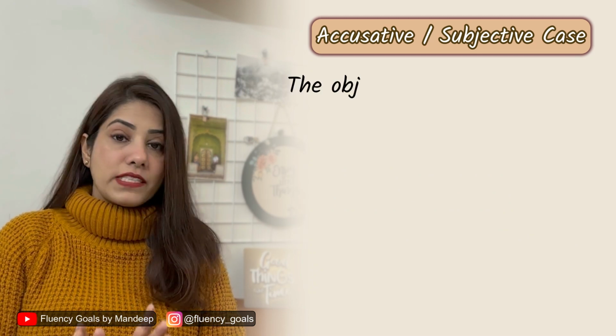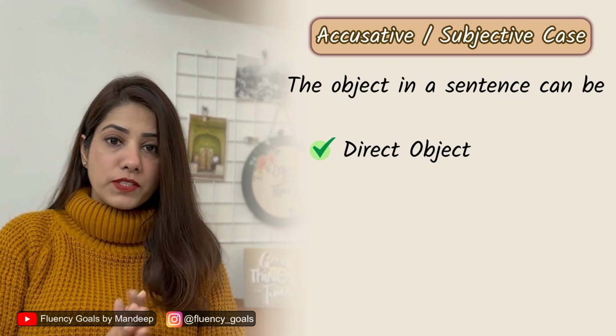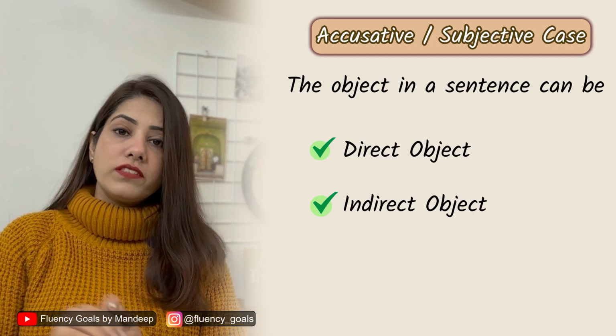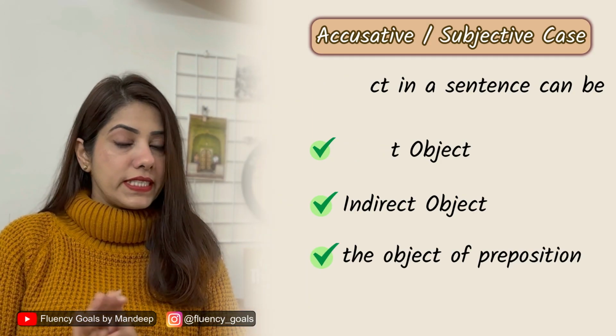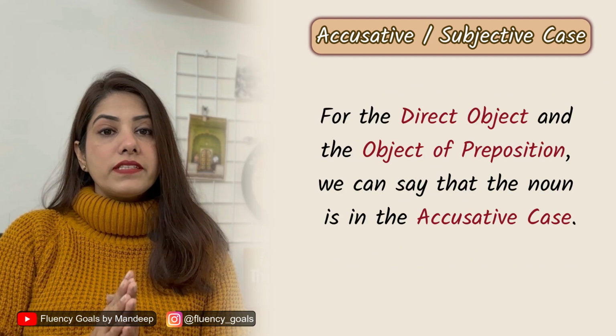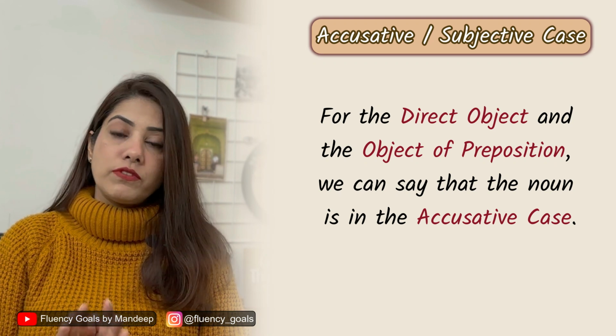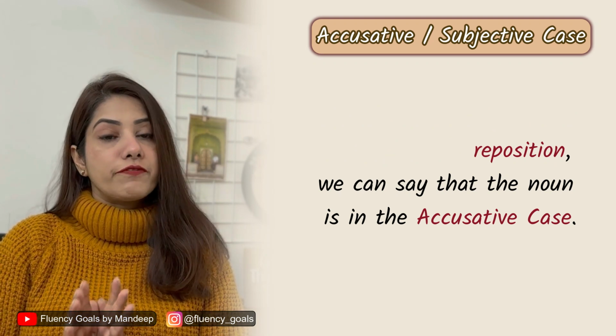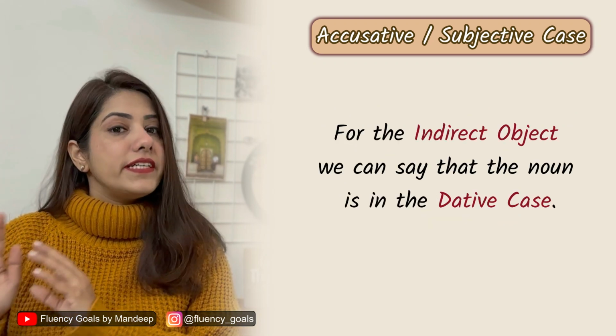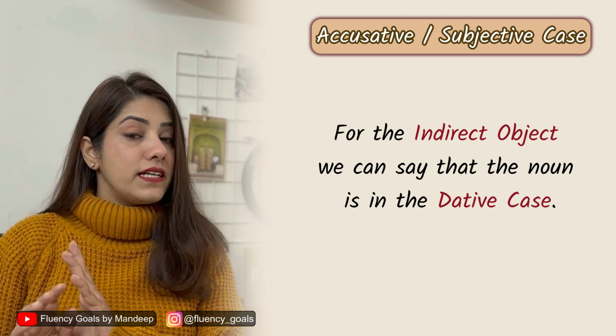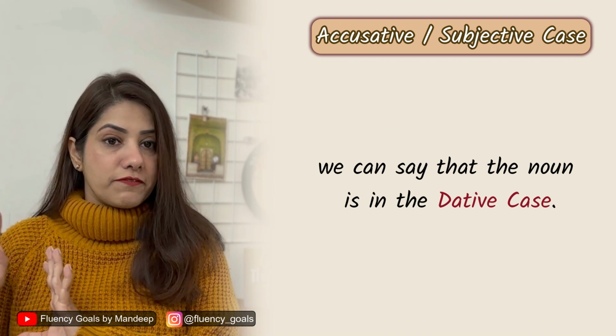Now, the object, as we know, can be a direct object, indirect object, or the object of preposition, right? For the direct object and the object of preposition, we can say that the noun is in the accusative case. For the indirect object, we'll say that the noun is in the dative case.